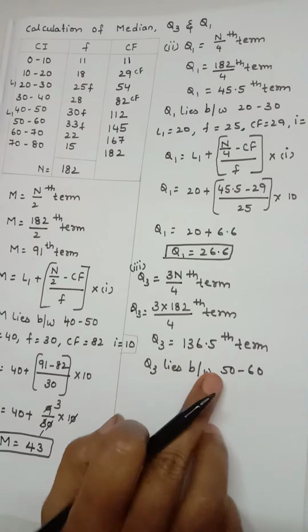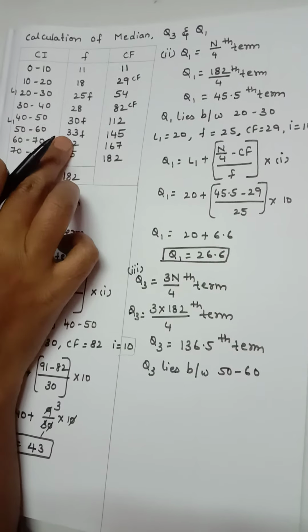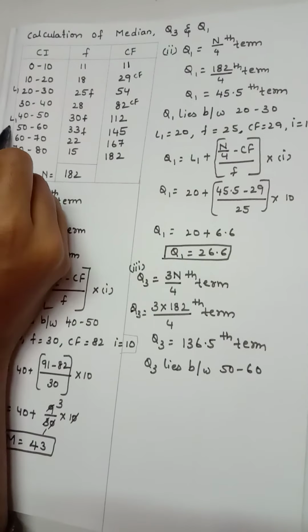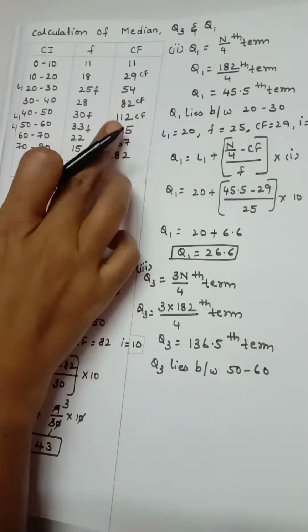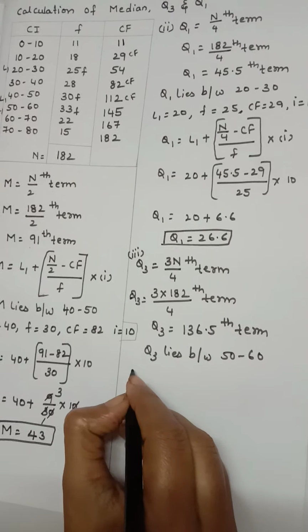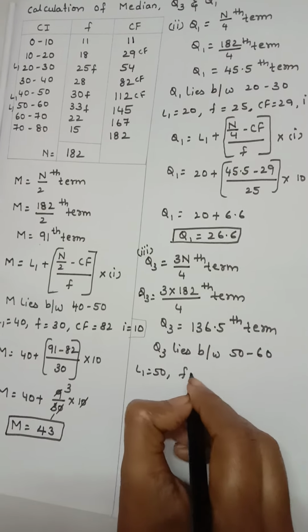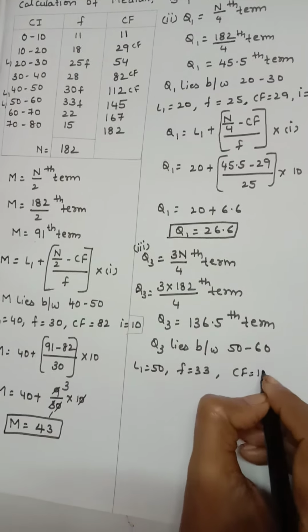When 136.5 is lying in 145, the corresponding frequency is 33, L1 is equal to 50, and the one above, 112, is the CF. So write the values: L1 is equal to 50, F is equal to 33, CF is equal to 112.